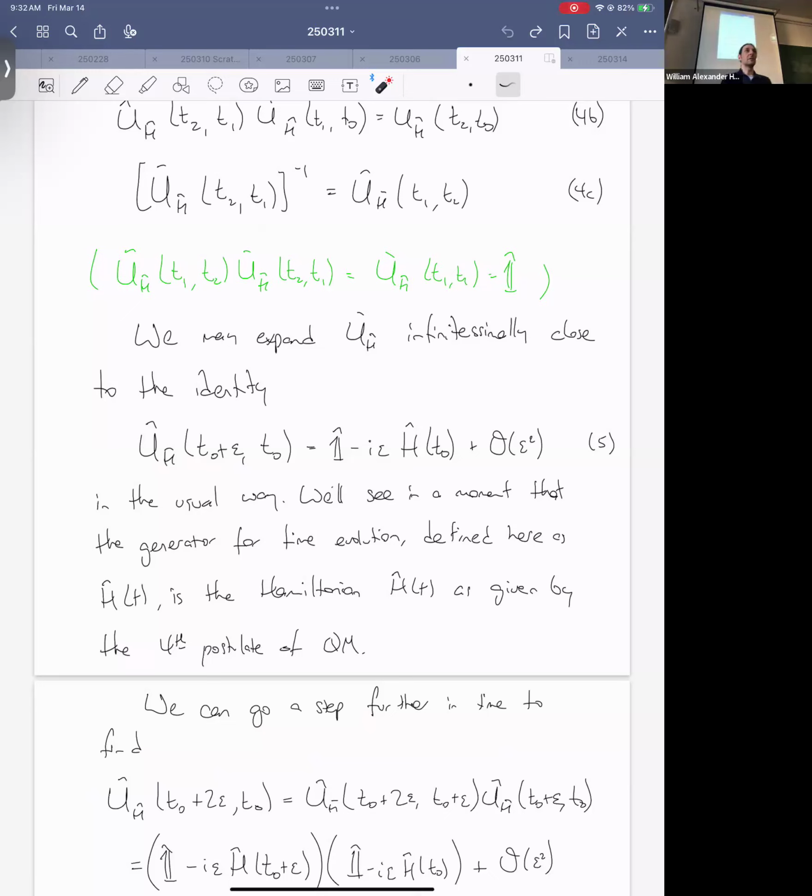Just as a comment from something I saw yesterday at the tutorial, I know when I was a student, I wanted to prove things to all orders. If the problem says show it infinitesimally, do yourself a huge favor and do it infinitesimally, because it's easier, and also because we have calculus, we can always exponentiate.